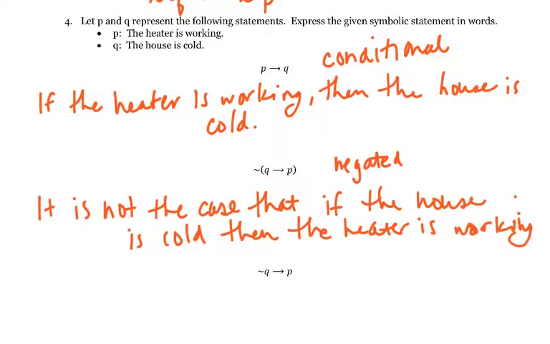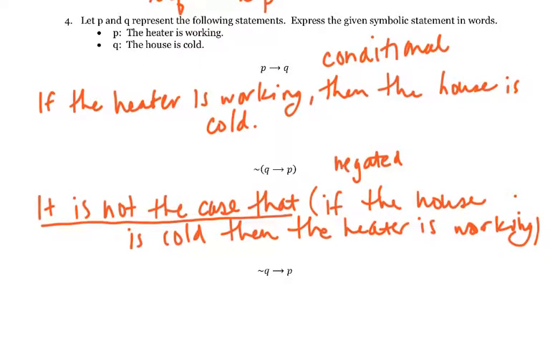Again, you might say it is not the case that, or you might say it is false that if the house is cold, then the heater is working. Okay, so it's negating this whole statement.